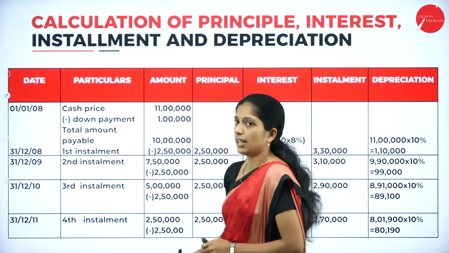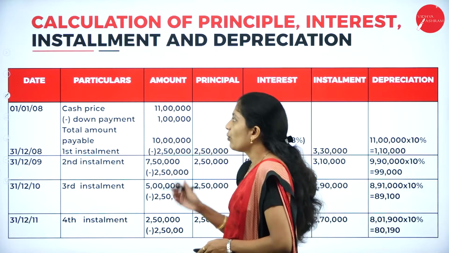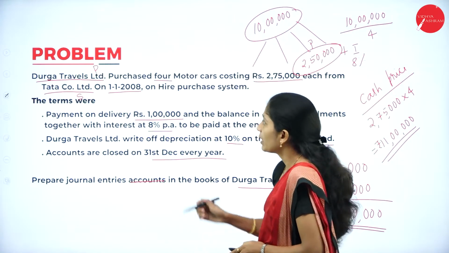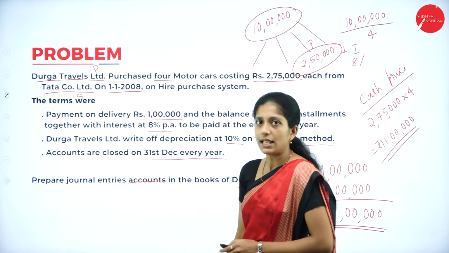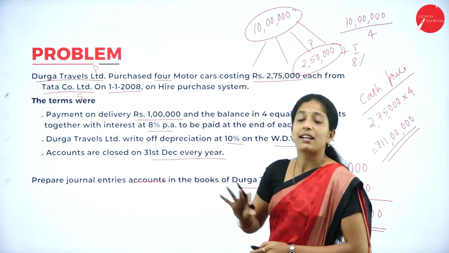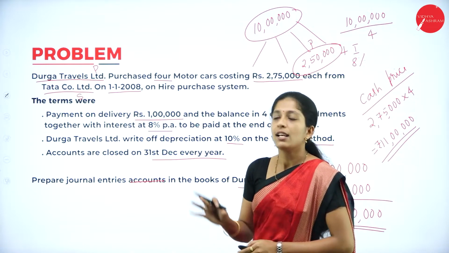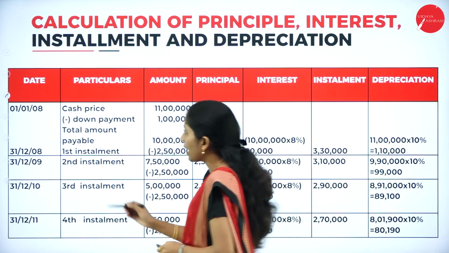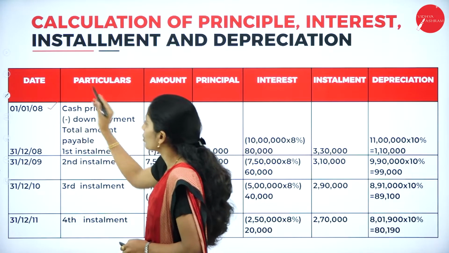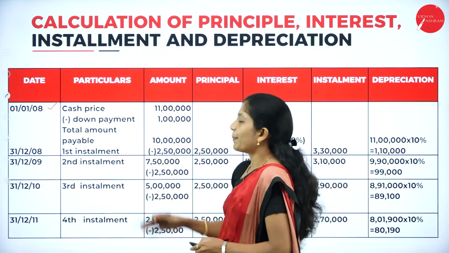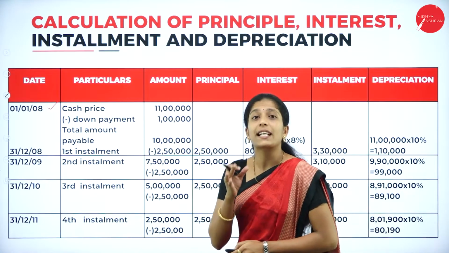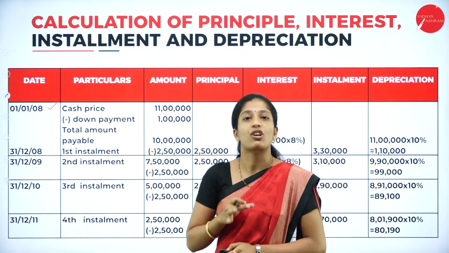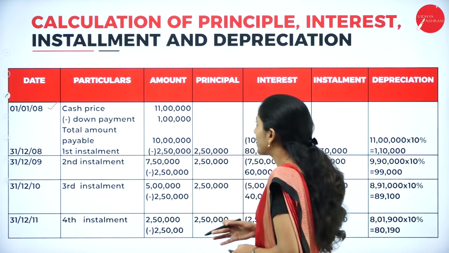Now first year. Let us see, they have purchased the asset on 1/1/2008. This table contains all the information. So the asset is being purchased on 1/1/2008. Write the date 1/1/2008. Now in your particulars column, write the total cash price of the asset. We have calculated, right?